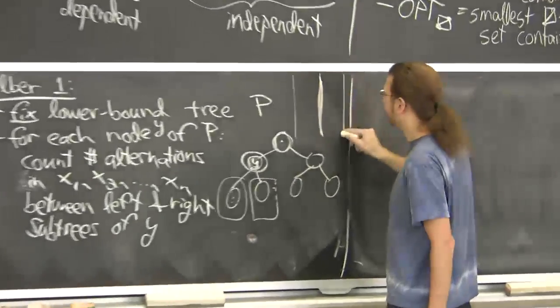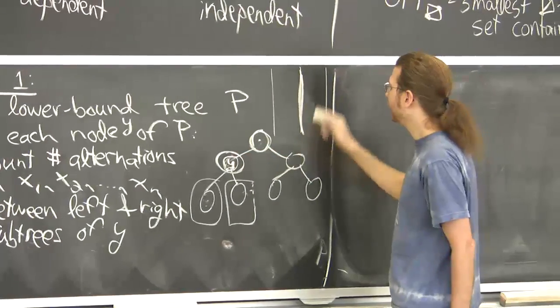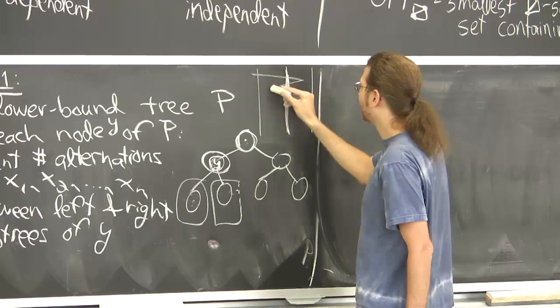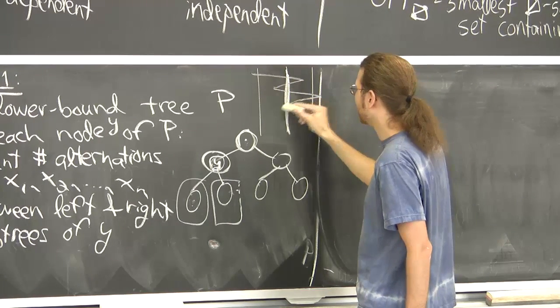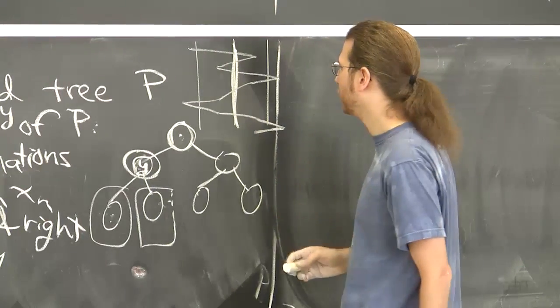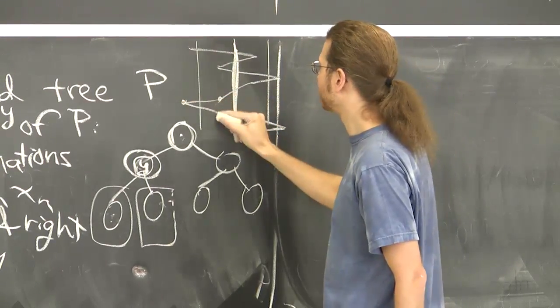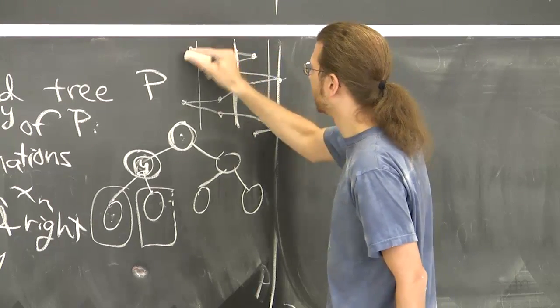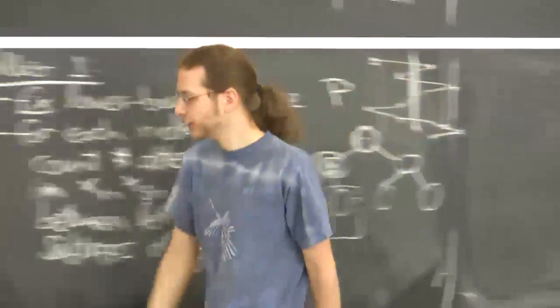Then there are some vertical lines that correspond to this node and this node. And you're interested in the access sequence, so let's do some kind of access sequence like this. Whatever. These are our points. And you just look at what lines you are crossing.